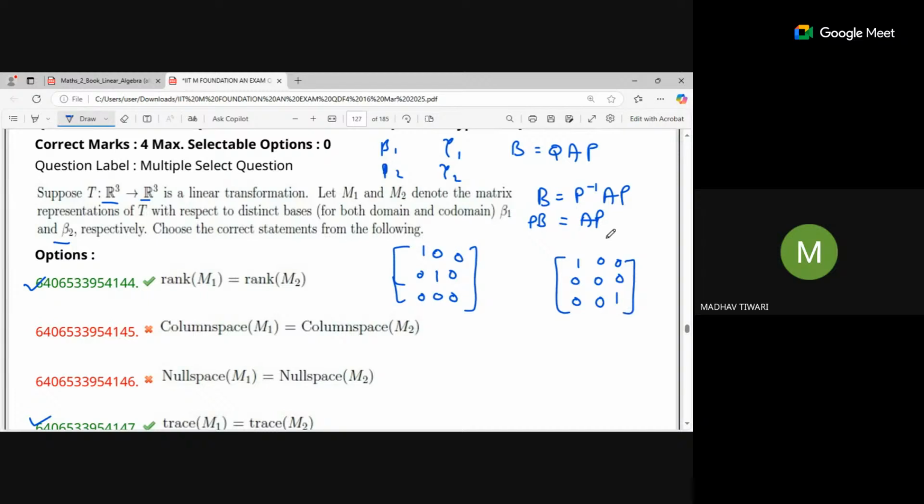And the other matrix I am taking is 1, 0, 1, 0, 0, 0, 0. If I multiply it by P, suppose my P is nothing but A, B, C, D, E, F, and G, H, I. So it should be equal to AP. So A multiplied by P, where P is A, B, C, D, E, F, and then G, H, I. When you do the multiplication, you will get A here and B next.